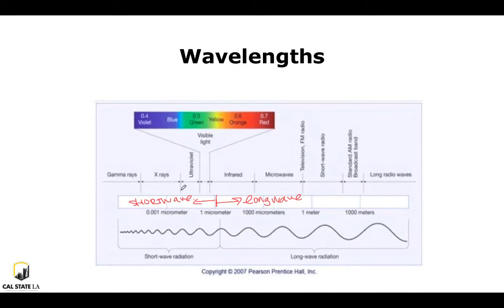Short wave is from 0.0001 micrometers to about 1 micrometer, and long wave is about 1 to 10 micrometers to 1,000 meters. So the long waves can be incredibly long.